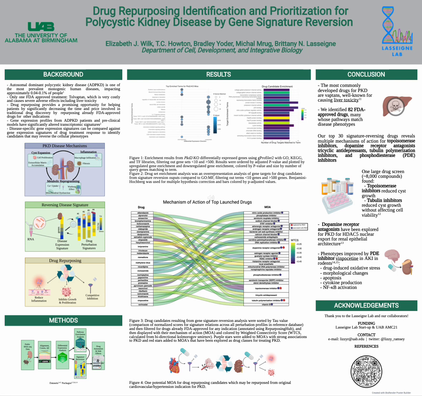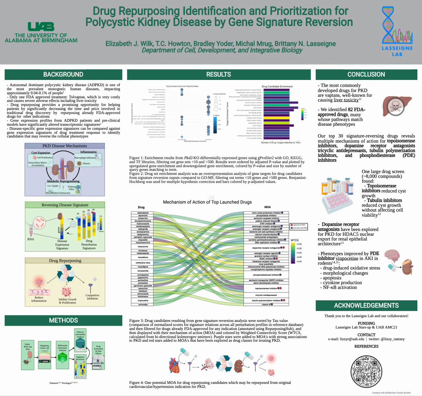And then some of these mechanisms of action have been found in the literature for PKD, as in one large drug screen. Topoisomerase inhibitors were found to reduce cyst growth, which were one of my top mechanisms of action here, and then tubulin inhibitors as well, without even affecting cell viability.